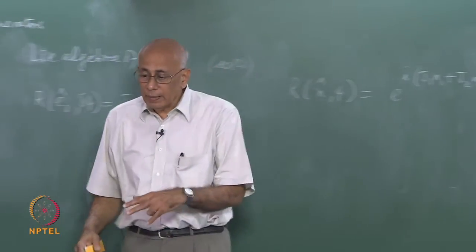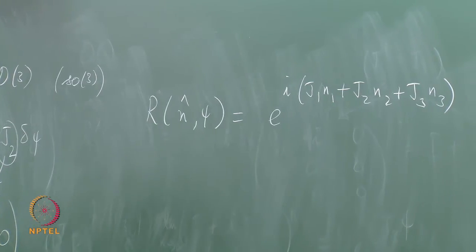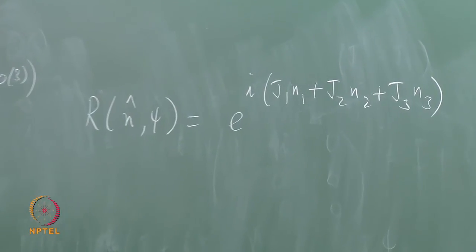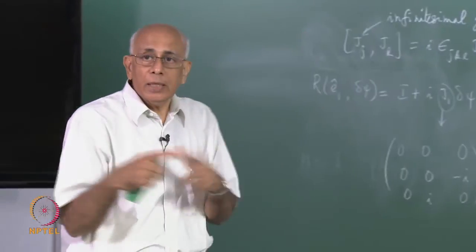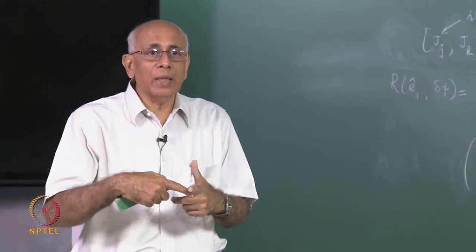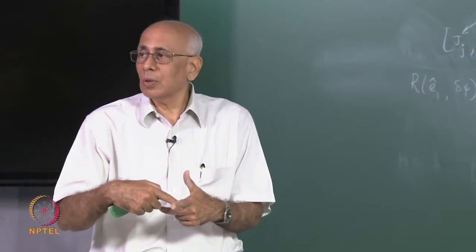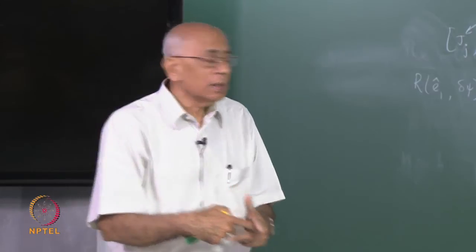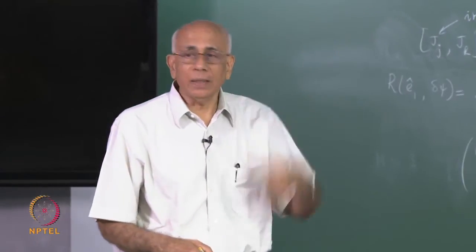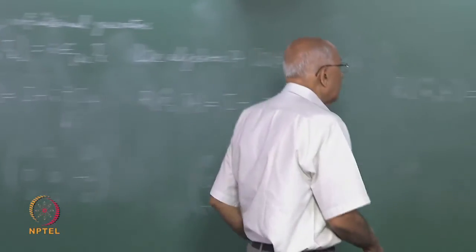So you first find an infinitesimal transformation about that new axis, which is generated by not J1, J2, J3 but J1 n1 plus J2 n2 plus J3 n3, because n is in some arbitrary direction, and then you must exponentiate it and multiply the whole thing by psi.